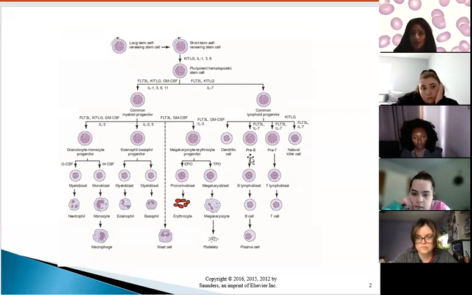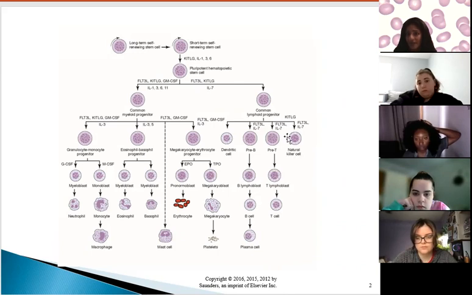So your pre-B, pre-T, your B lymphoblast, which are the most immature form, your T lymphoblasts, your B cells, your T cells, and eventually your plasma cell, which is a derivative of the B cell. Okay, you're also going to have the natural killer cells and the dendritic cells. So these are your B cells and these are your myeloid cells, okay?